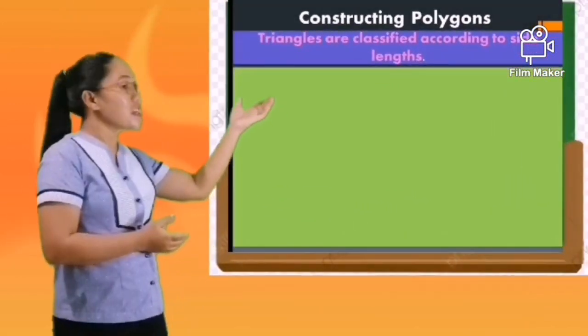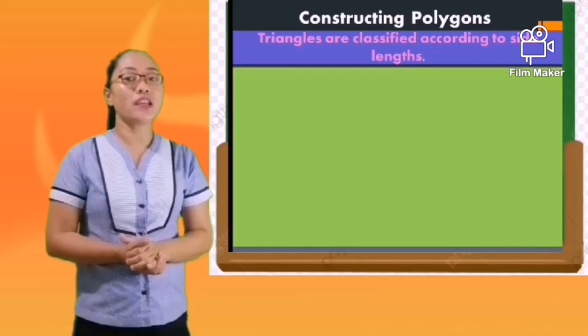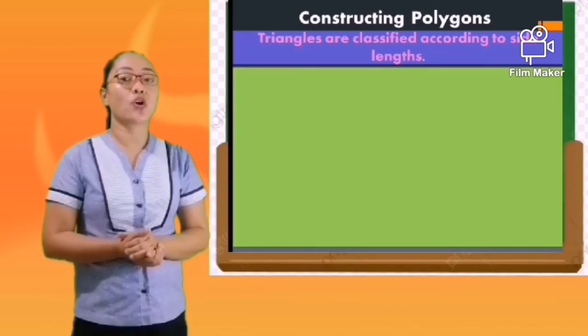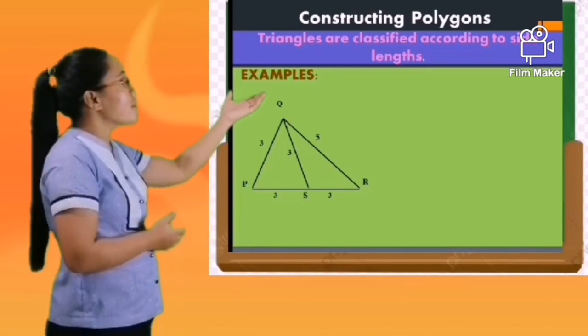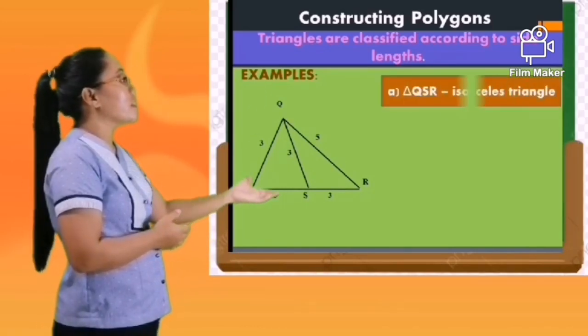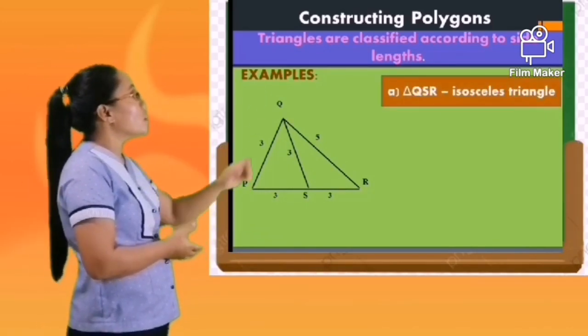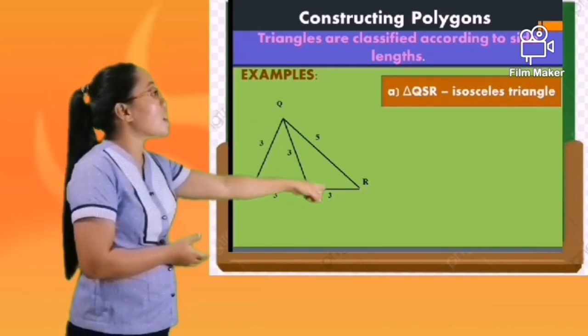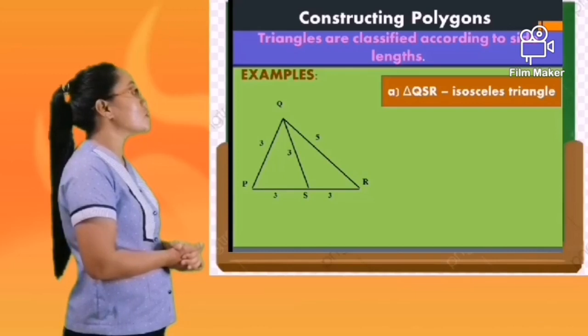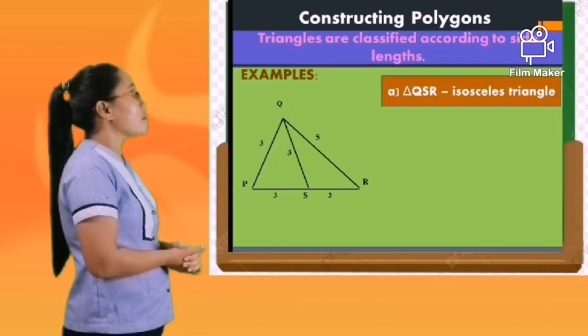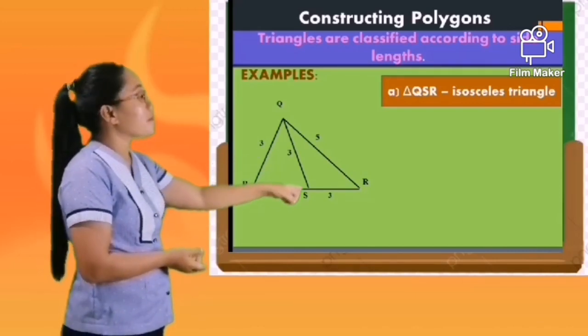So here are other examples of triangles that are classified according to side length. With the given lengths, triangle QXY SR is an isosceles triangle because the lengths of two sides are the same, which is 3.